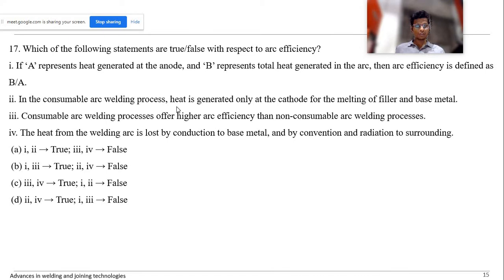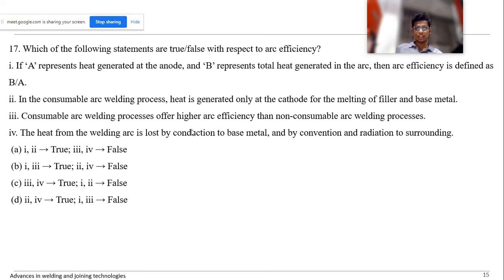In consumable arc welding process, heat is generated only at the cathode for melting of filler and base metal. This is also wrong, because they haven't mentioned whether it is DC, or if this is positive or negative, something like that. However, the consumable arc welding process offers higher arc efficiency than the non-consumable arc welding process.